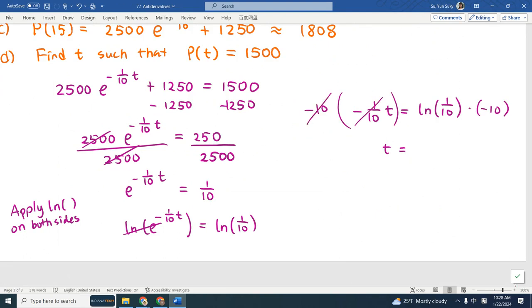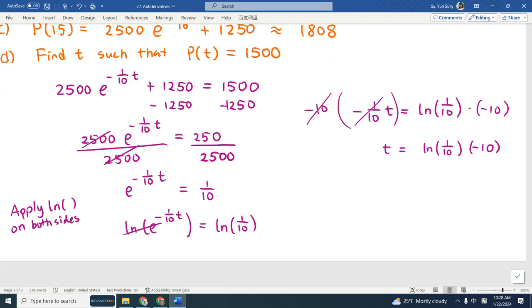We get t is ln 1 over 10 times negative 10. Questions? Can I cancel this 10 and this 10? No. This 1 over 10 is inside the natural log, so we cannot cancel it.